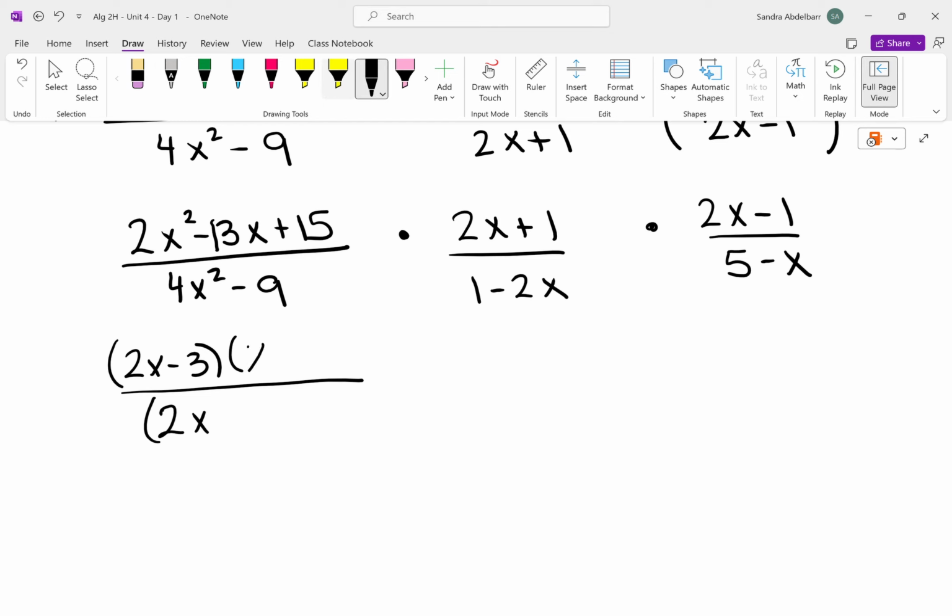Sorry. Can we fix this now? Now does it work? Yeah. So then x minus 5. Does this work better now? Yeah, I didn't write down my 1. Sorry. Okay, and in the denominator, we have 2x plus 3 and 2x minus 3.